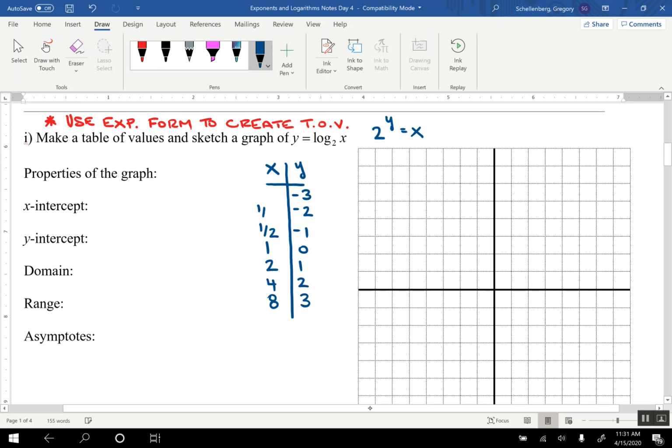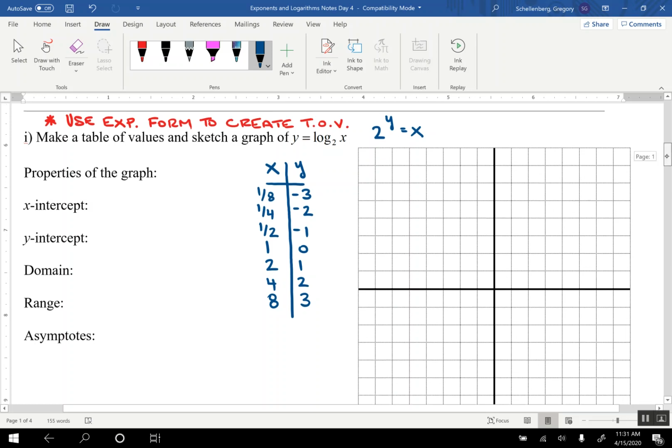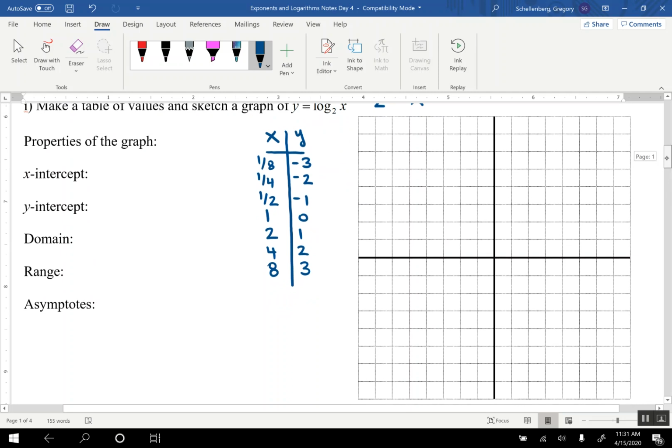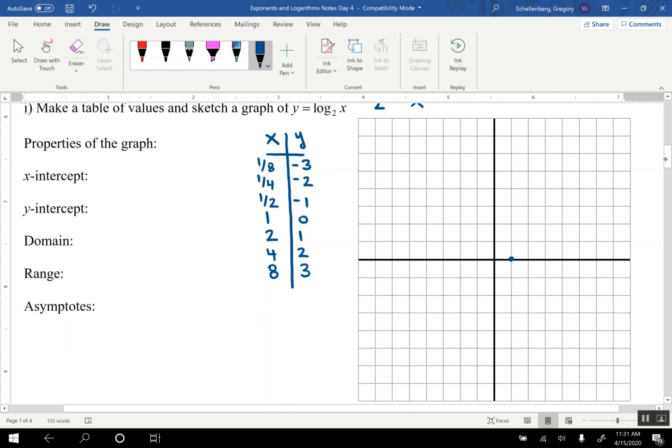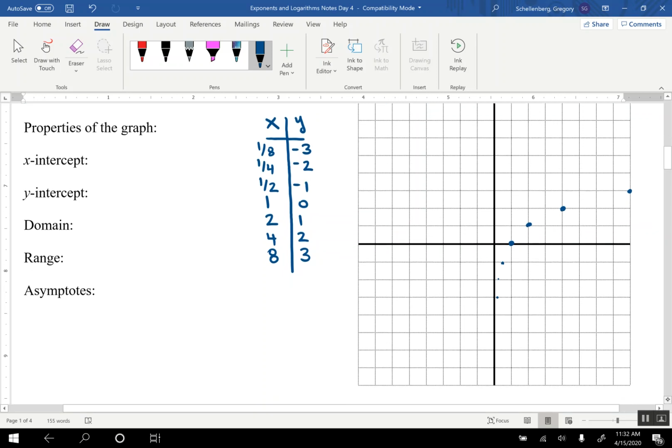This is going to be 1 over 4 and 1 over 8. Okay, so we've got a number of different points there that we can plot. You can plot those points, and then we're going to connect the dots.